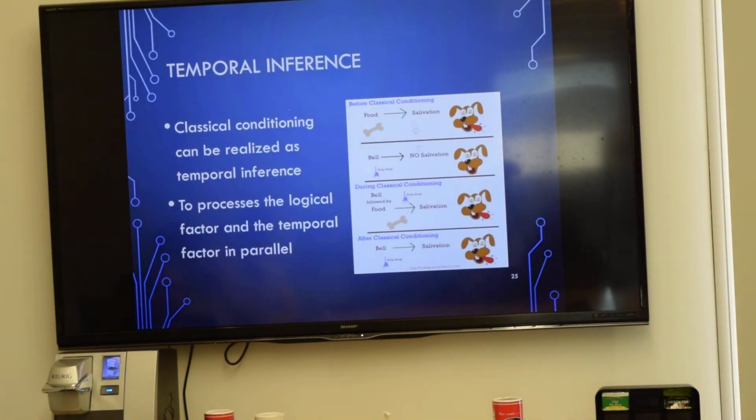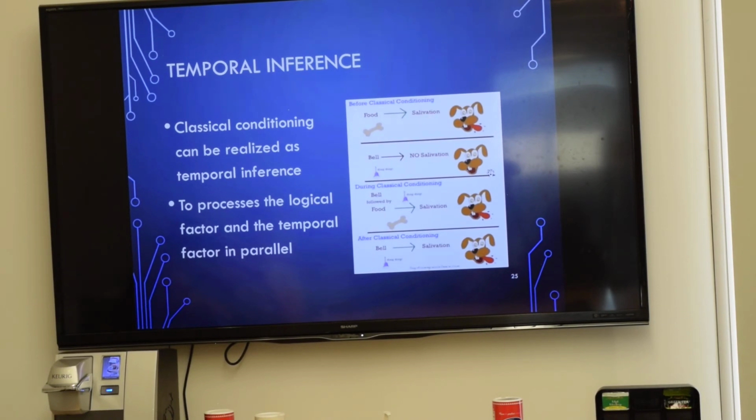So let's talk about what type of inference we can do. Another AGI paper we wrote is about using this logic to do reasoning that models classical conditioning, the well-known Pavlov's dog.